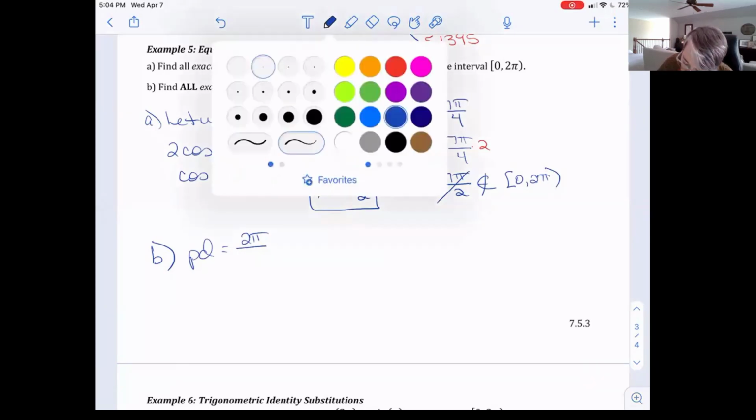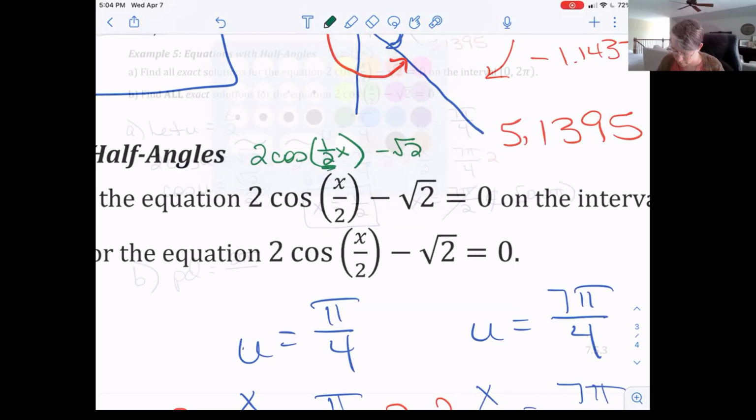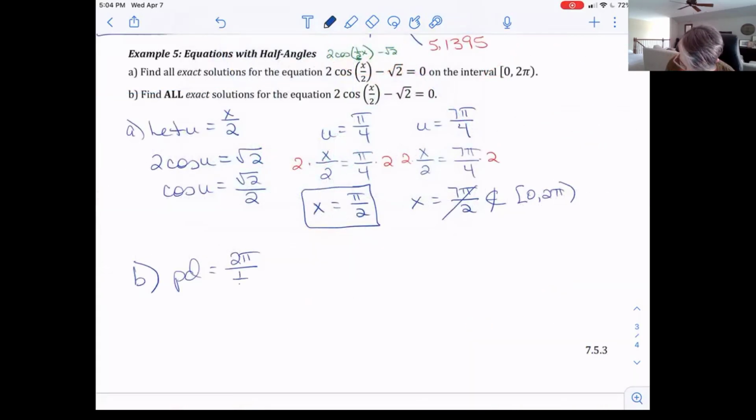Well, if we go up here to the cosine, this is 2 cosine, technically 1/2 times x, minus the square root of 2. So this 1/2 is actually going to change our period. So we're going to divide 2 pi by the 1/2. So that means the cosine of x over 2 is going to repeat every 4 pi.